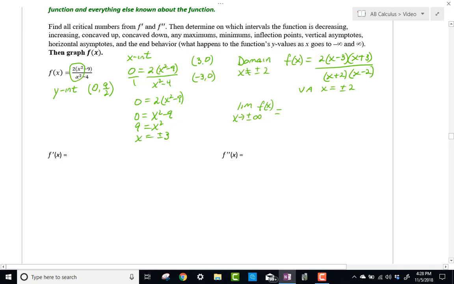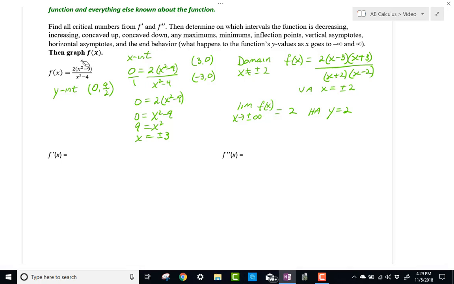You can plug in values in a t-table and find the same thing, but that's basically 2x squared over x squared, which gives me a limit of 2. So we have a horizontal asymptote at y equals positive 2. So that's the basic stuff that we already know about.